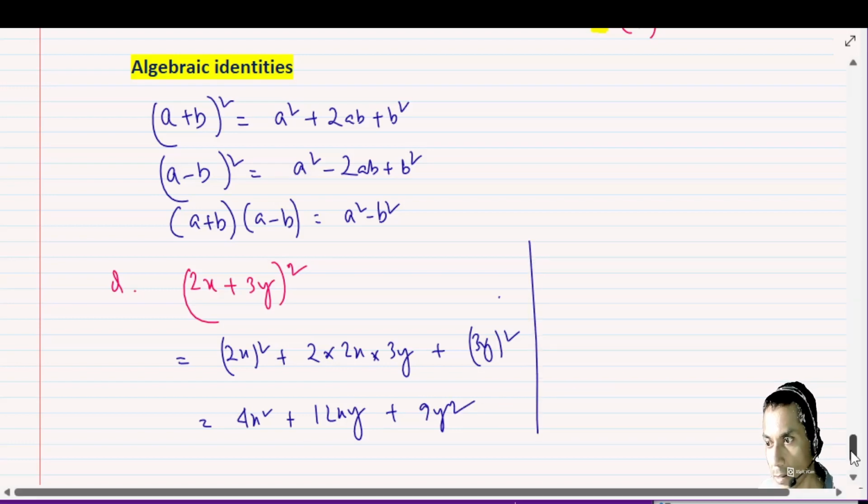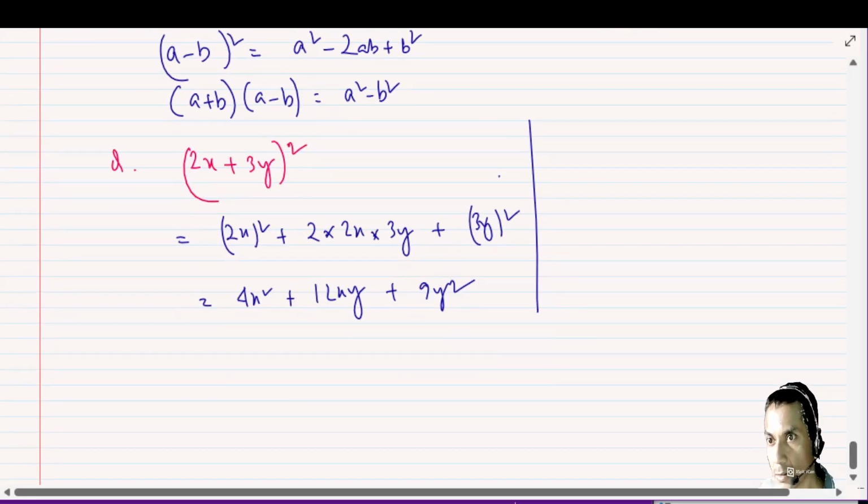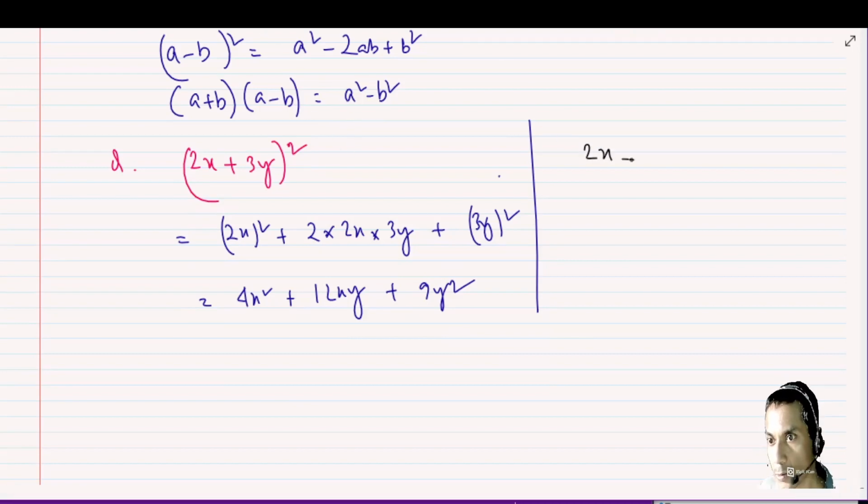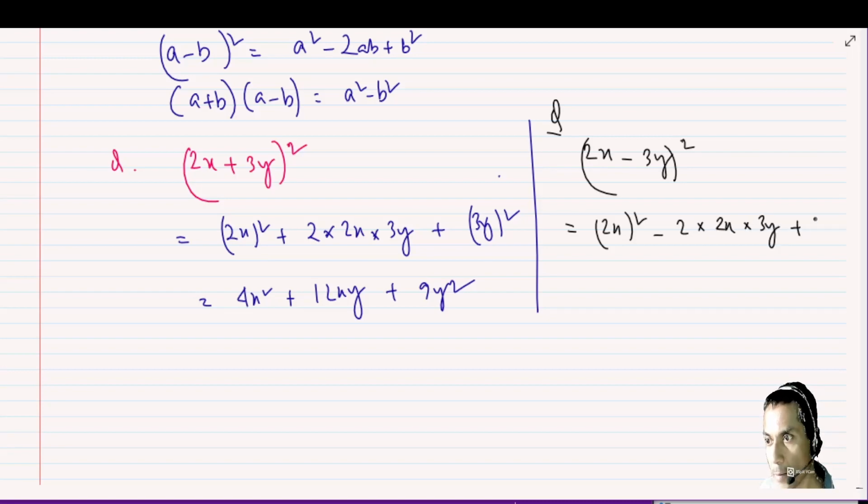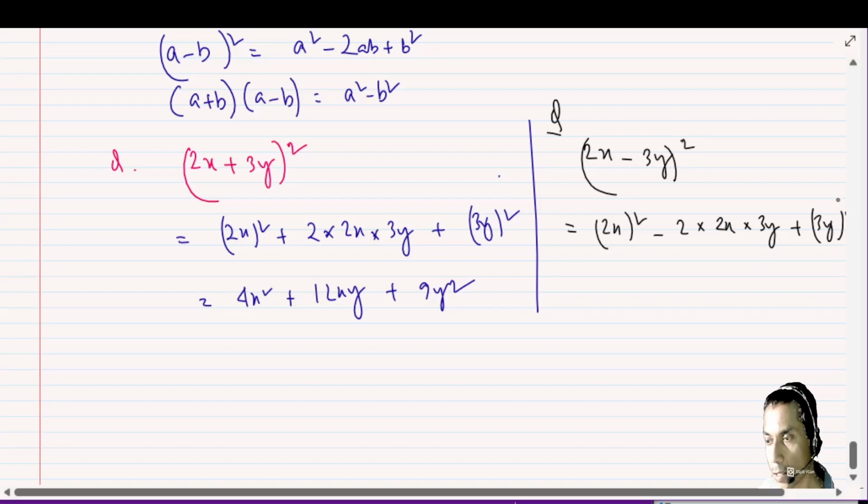And it will be 9y square. Similarly, if it is minus, we also do this: (2x minus 3y) whole square. This is the second question. I can solve this: (2x) square minus 2ab, 2 into 2x into 3y, plus (3y) whole square.